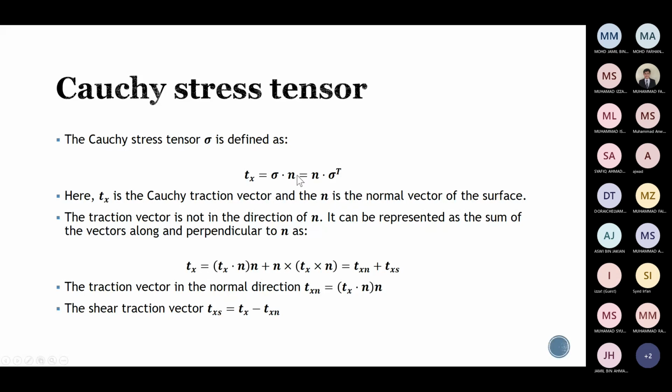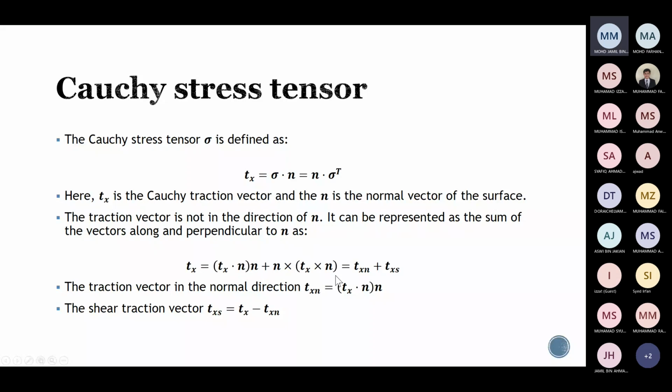This depends on which place you put the sigma, either before n or after n. The traction vector is not in the direction of n. It can be represented as the sum of the vectors along and perpendicular to n. So Tx is basically (Tx dot n) n plus n cross Tx cross n.